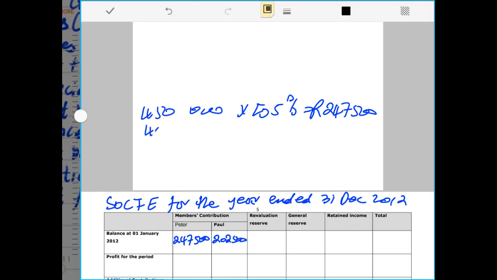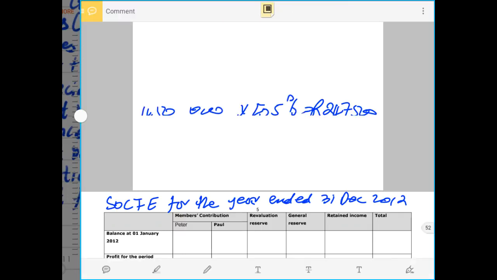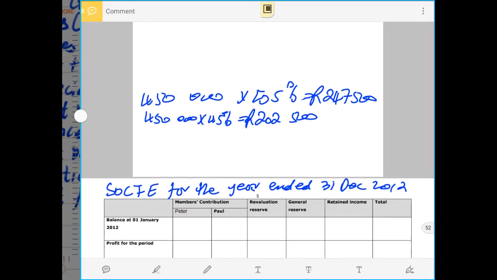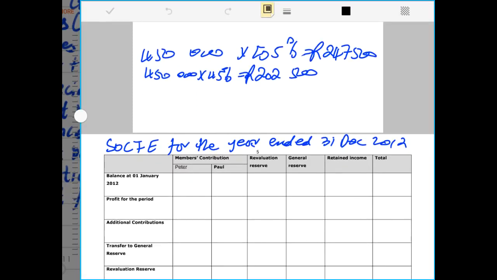202,500, which is 450,000 rands times 45%. So now that will be the members' contribution. We had an opening balance of 247,500 and 202,500.